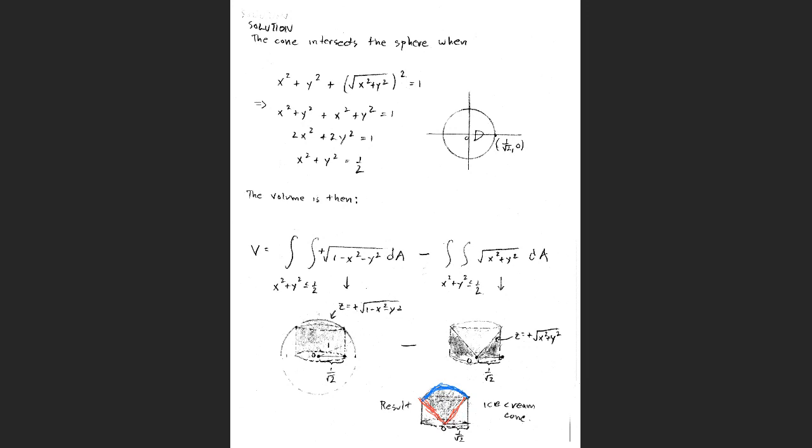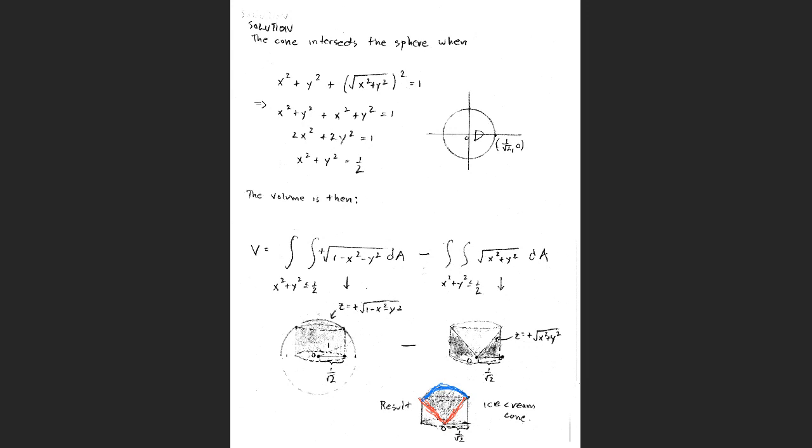Now the surface on the bottom, which I have here in red, is that part of the sphere or part of the cone? The surface in red on the bottom. That's part of the cone, Ellie. That's right.